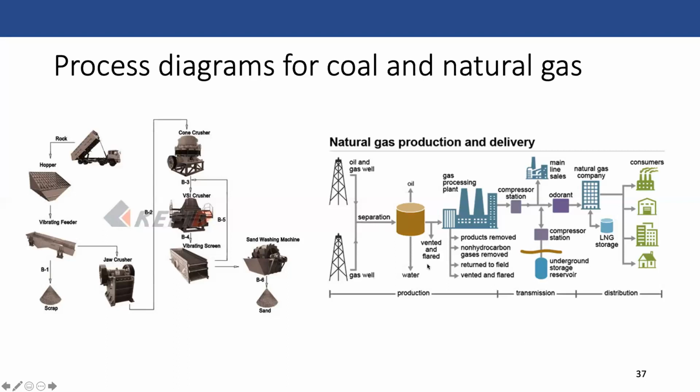Some of it gets vented and flared. Then through the processing plant, you remove a lot of the byproducts and impurities, and then it gets compressed and eventually sent to your end use. The main one we're going to be talking about is producing electricity, right? And this is the supply chain for natural gas, which is a little bit different.